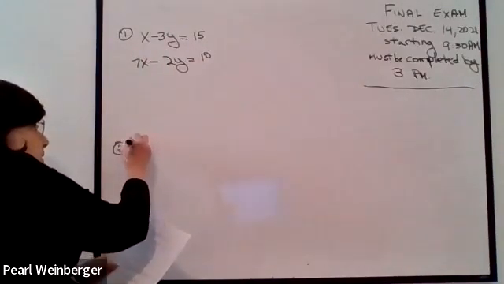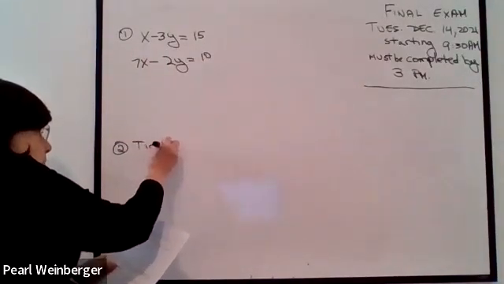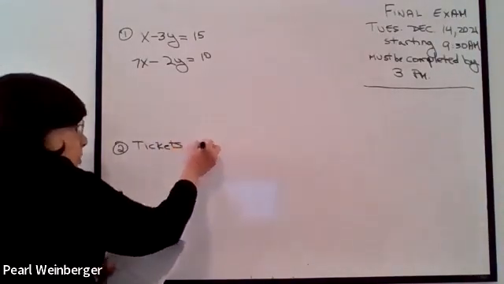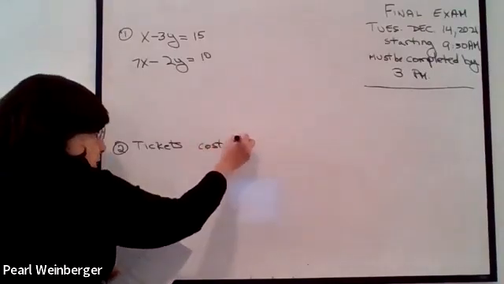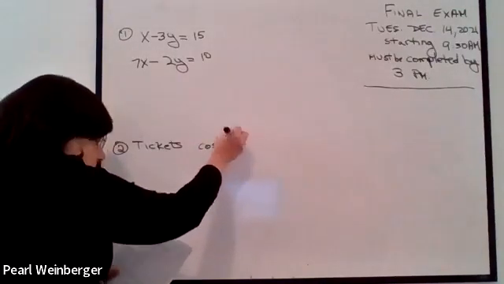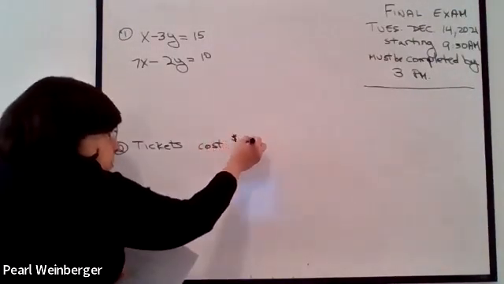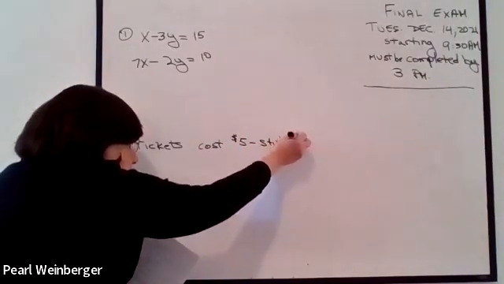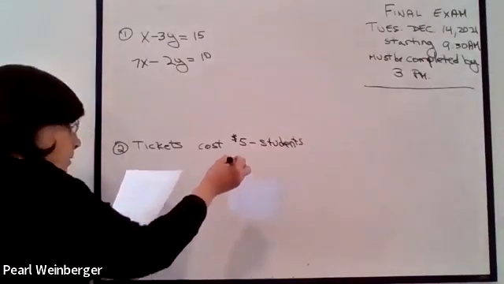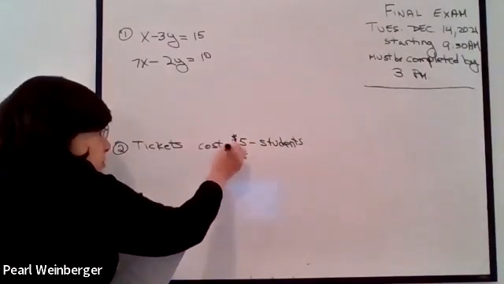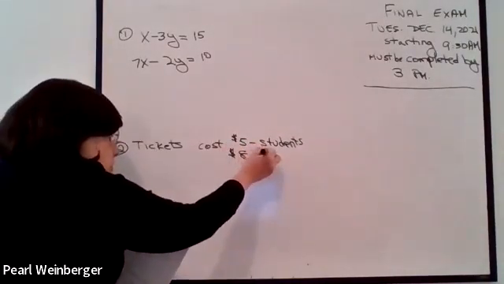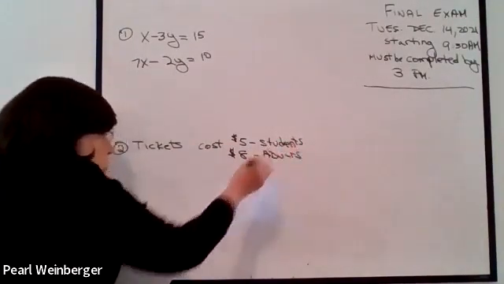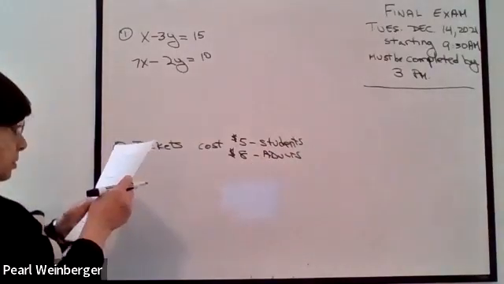Tickets to a school play cost $5 each for students and $8 for adults. So we know how much they're charging for each kind of ticket.